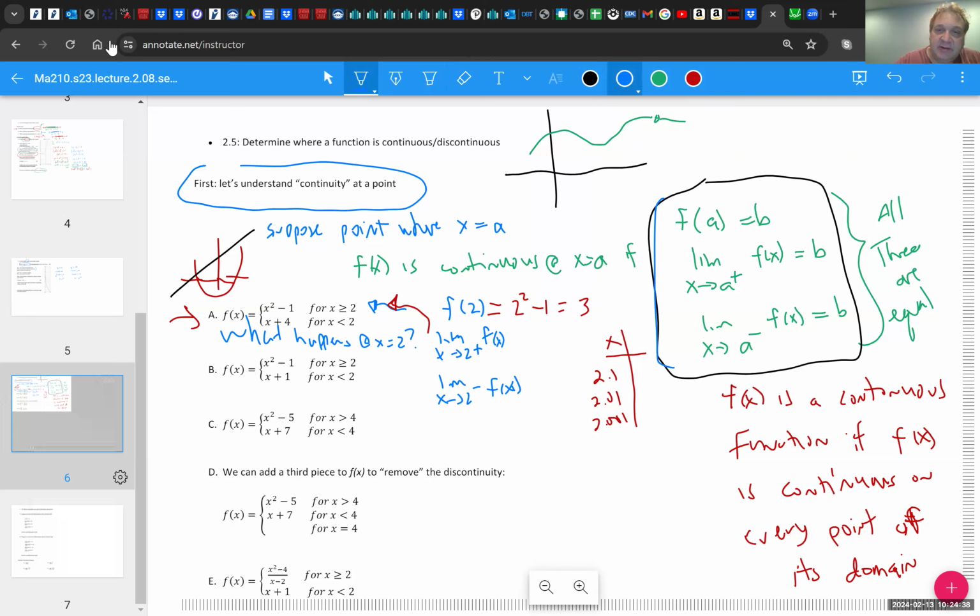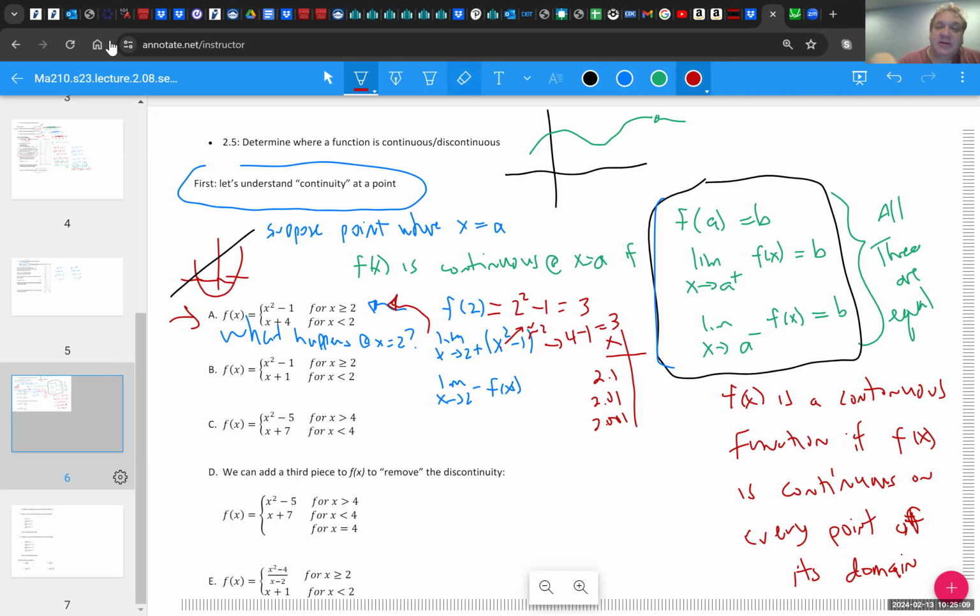So this is the function right here of x squared minus 1. And essentially what's happening is this x is getting closer and closer to 2. 2.000000001 squared is basically still 4, right? So this becomes 4 minus 1, which is the same as 3. So it matches up. That's very good.